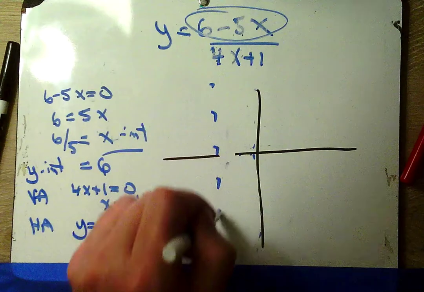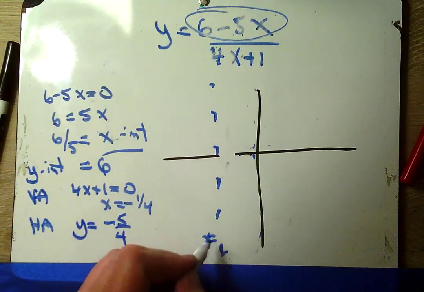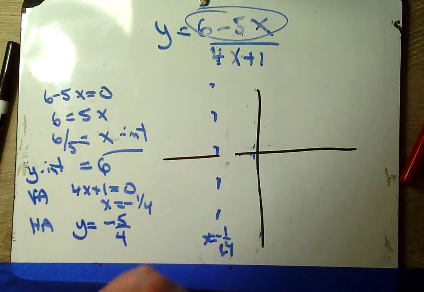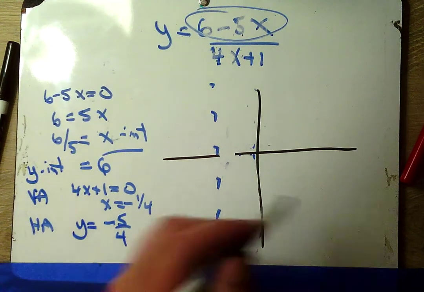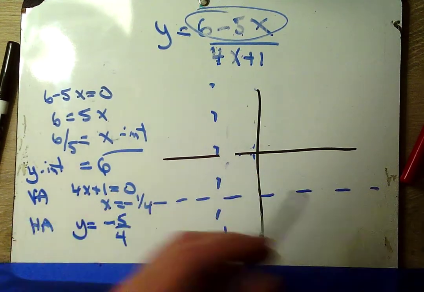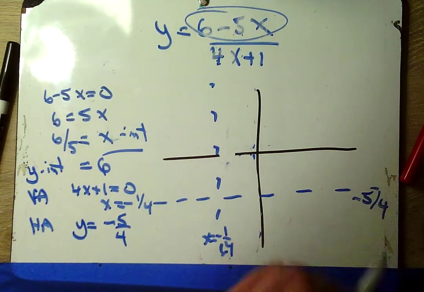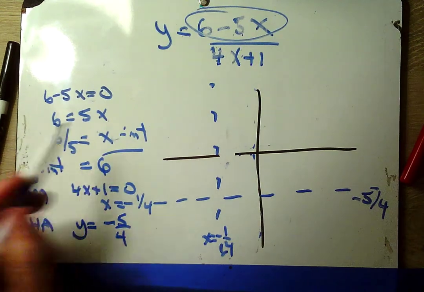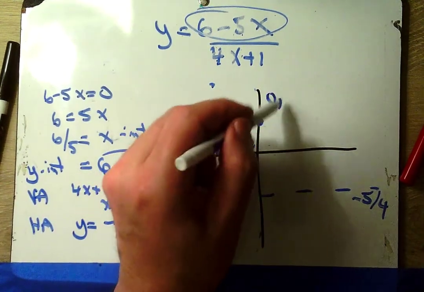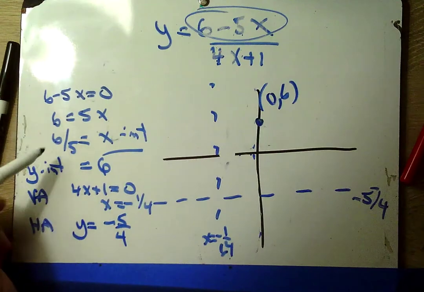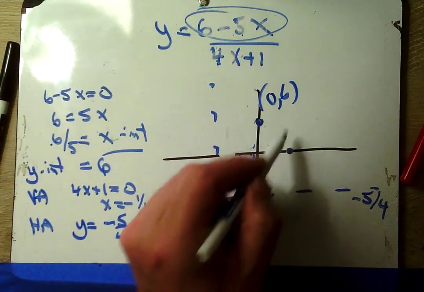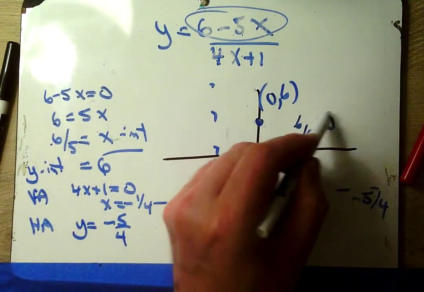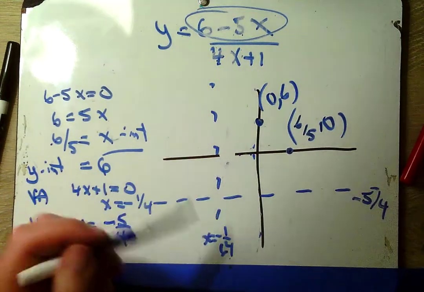Put the thing over here and just label it -1/4. Okay? Horizontal asymptote, -5/4. Y-intercept at 0, 6. And an x-intercept at 6/5, 0.